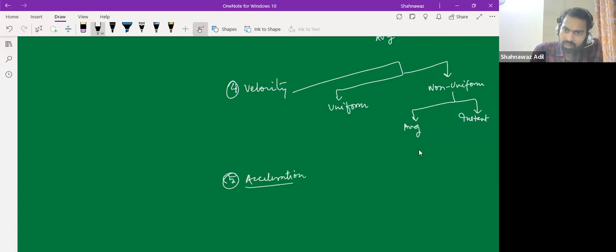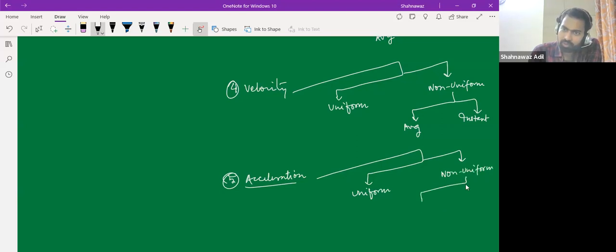In acceleration, again, we learned about uniform and non-uniform. And for the non-uniform case, again, we learned about average acceleration and instantaneous, right? So this we learned about the attributes of the motion.